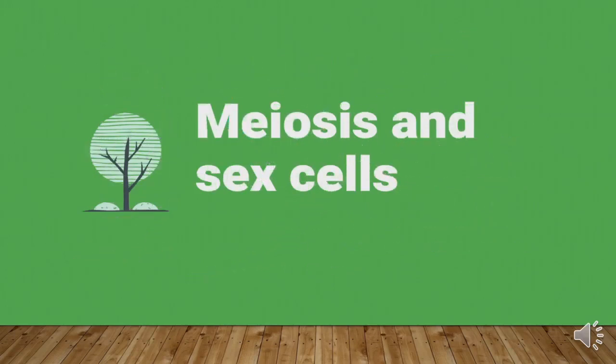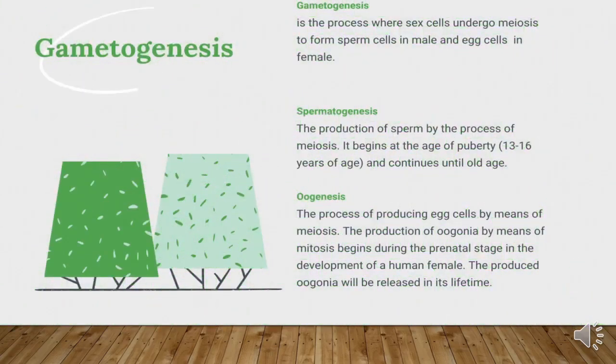Let us know the relationship between meiosis and sex cells. Gametogenesis is a process where sex cells undergo meiosis to form sperm cells in males and egg cells in females. Spermatogenesis is the production of sperm by the process of meiosis.